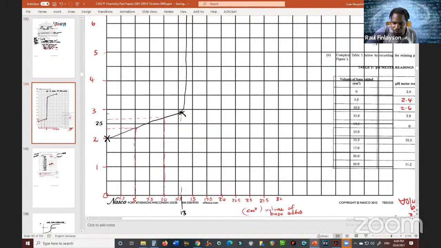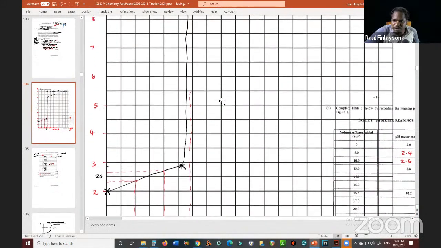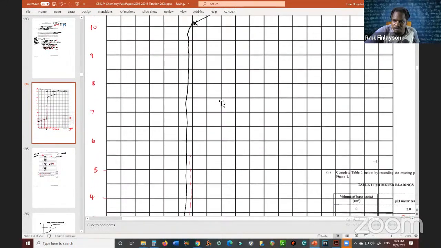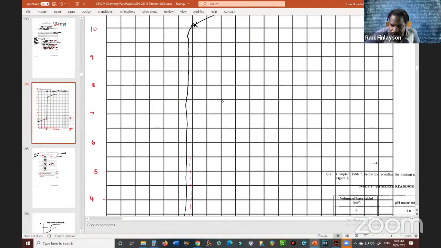So we have to find 14.5, which 14 would be somewhere here. And 14.5 would be about here. So 14.5, and we have to go all the way up to where it meets the line. This is where a ruler would be helpful. But that looks like all the way up here, guys. So if that's the case, let me just make it simple then.